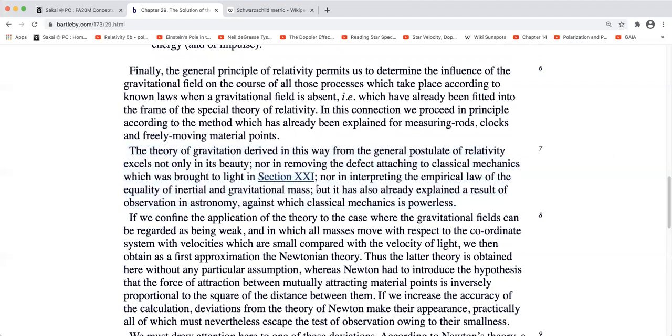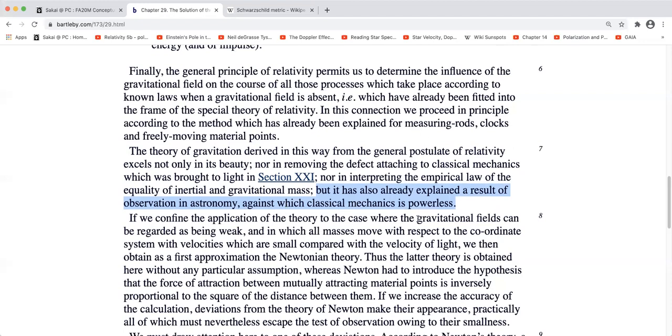I hear this last part when he says his general theory of relativity has explained something in astronomy for which classical mechanics is powerless. He's here talking about the precession of the perihelion of Mercury. We saw that video last time of Tyson talking about it. I also posted a video under announcements in Sakai if you haven't seen it. In that video, Tyson talks about the orbit of Mercury about the sun.